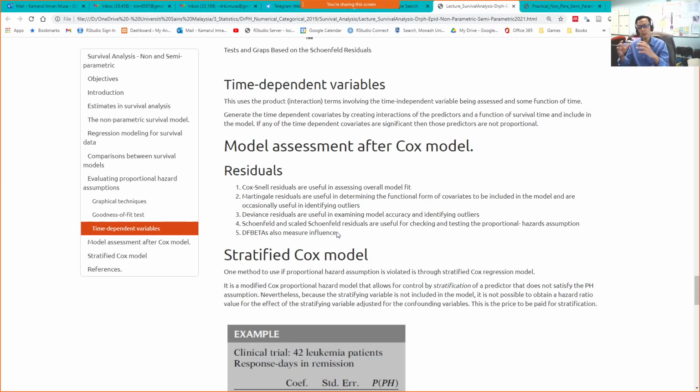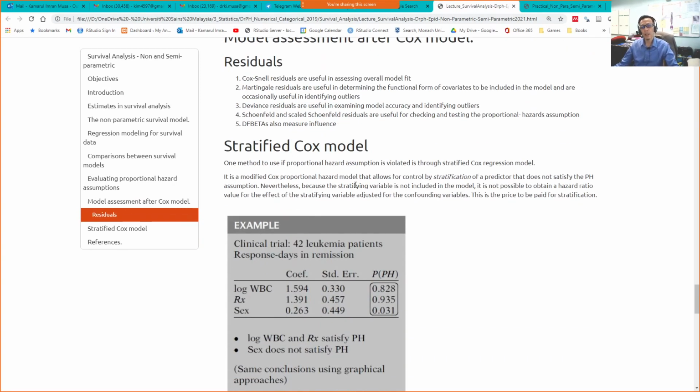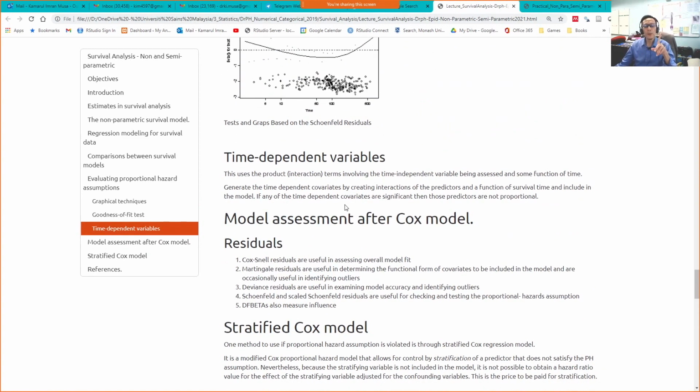You know that residuals are basically the difference between the observed and the predicted values. So these are special types of residuals, and you can plot them and see how the model assessment looks.